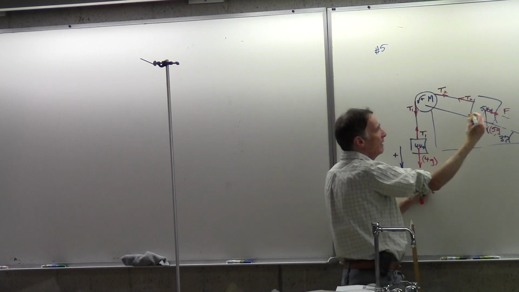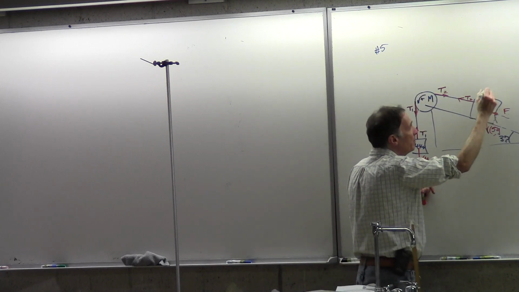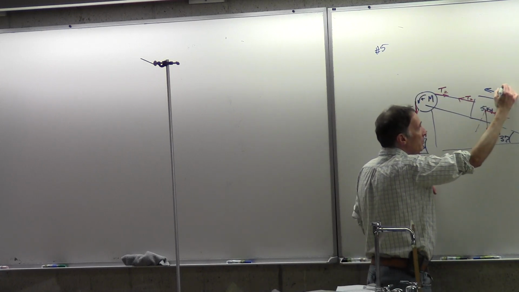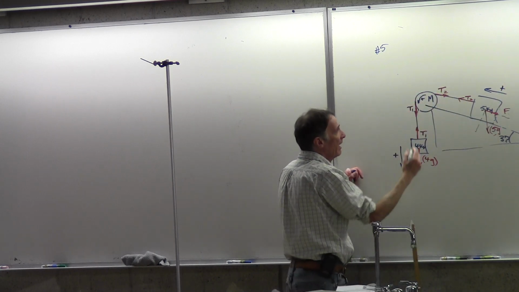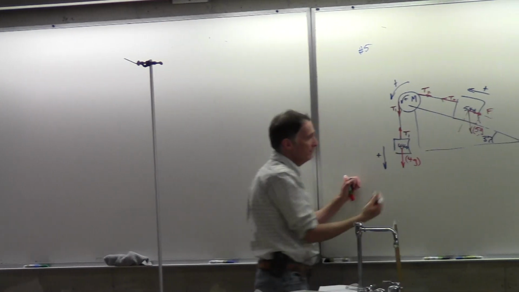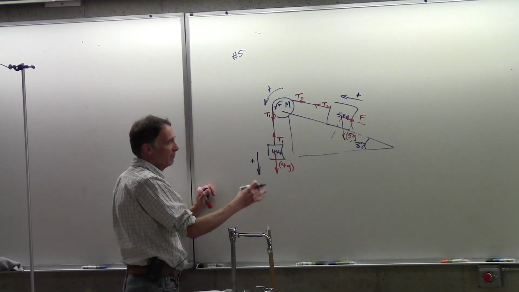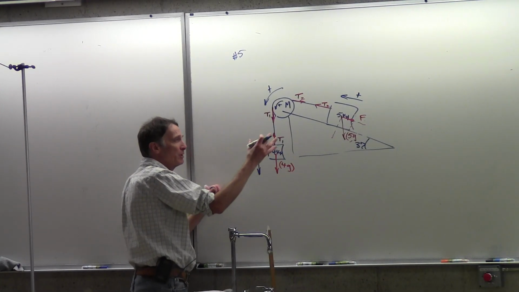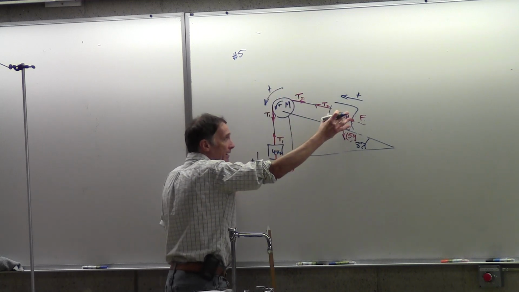And then this one would have to go up in this direction. That would be plus. So again, plus this way, plus, and plus. We don't have to do this, but I think it's the best way to stay out of trouble.